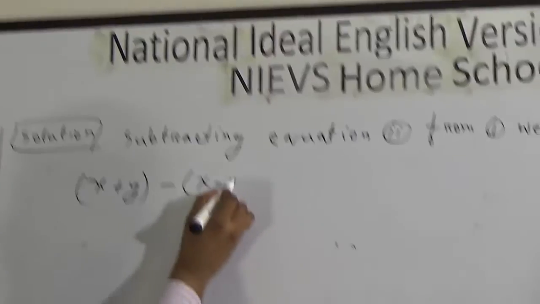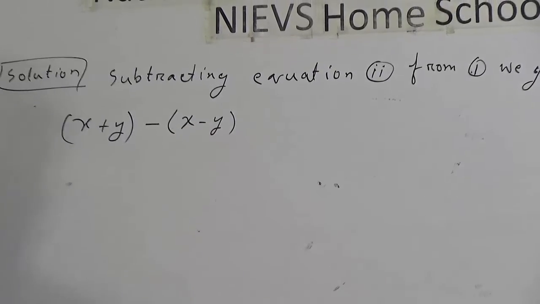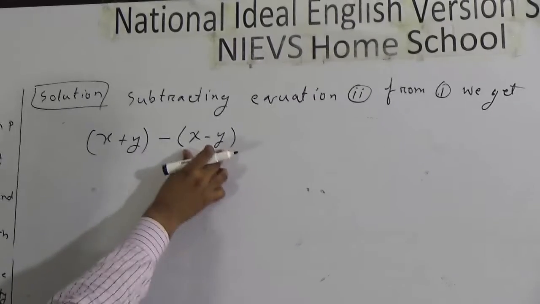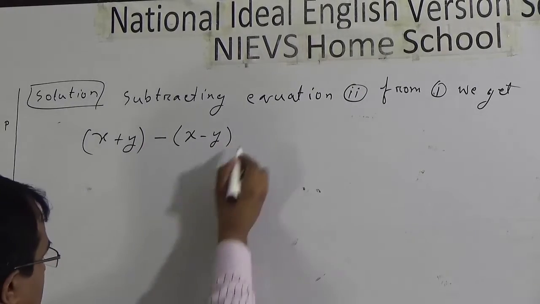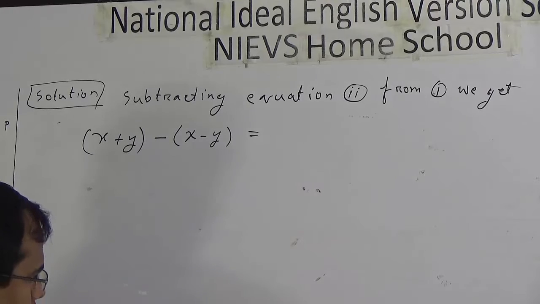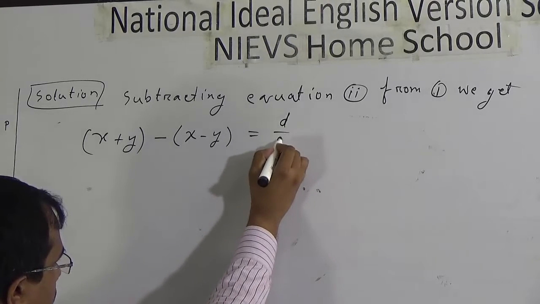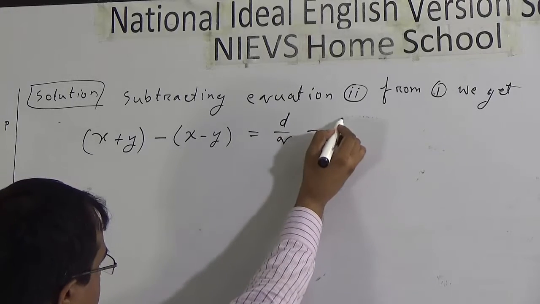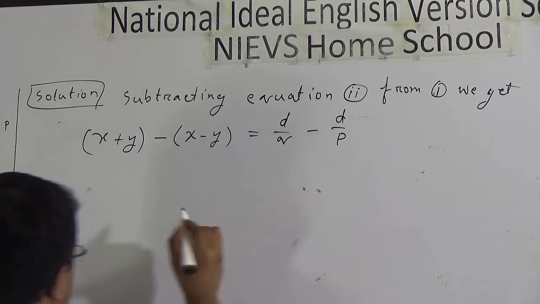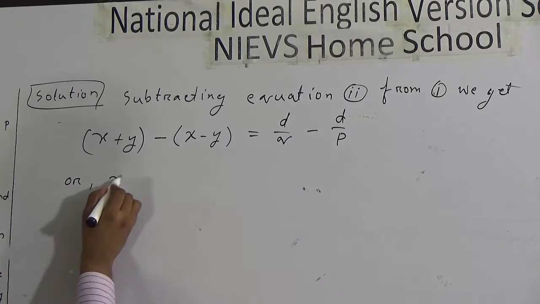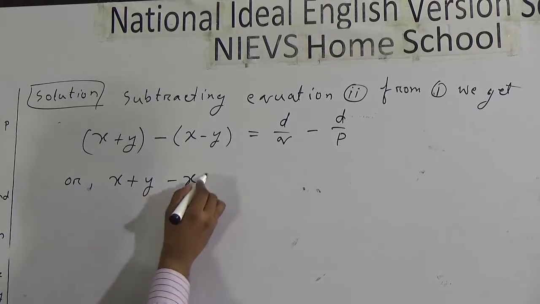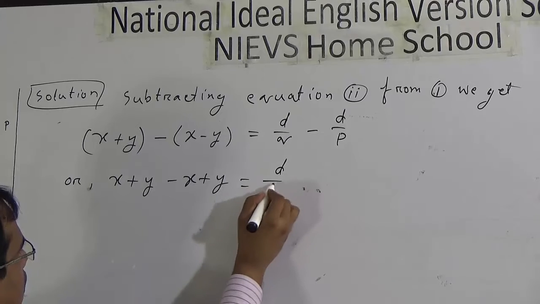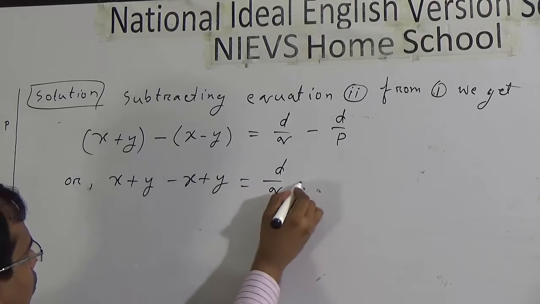Then we have to subtract the left side of equation 2, x minus y. We'll keep this in a first bracket because in front of this expression a minus sign exists, equal to d by q minus d by p. Or x plus y minus x plus y is equal to d by q minus d by p.